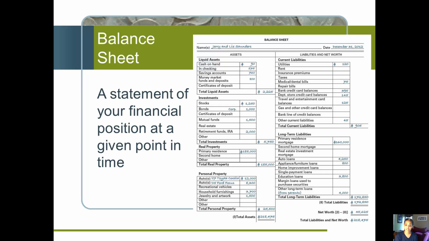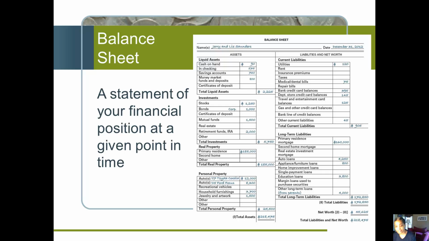So the more difficult it is to sell the item, the less liquid it is, or the more difficult it is to convert it into cash, which is basically what's happening when you sell an item. And then on the right-hand side, also in order of liquidity, but basically in order of how quickly it's due: current liabilities first, and then long-term debts second.